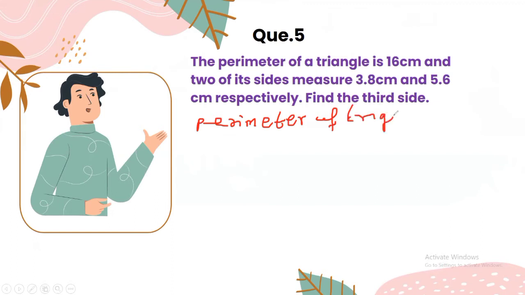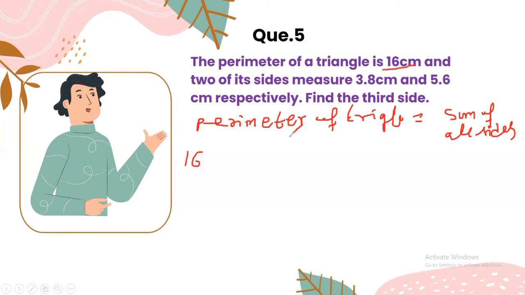Perimeter of triangle is equal to sum of all sides. Got it? How many sides? 3 sides. And how much is the perimeter given? 16 centimeter. This is the perimeter.